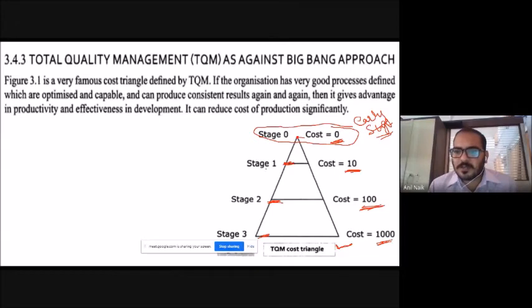If the defects arise in the different stages, then the company has to again assign the resources, so the cost of the project increases.